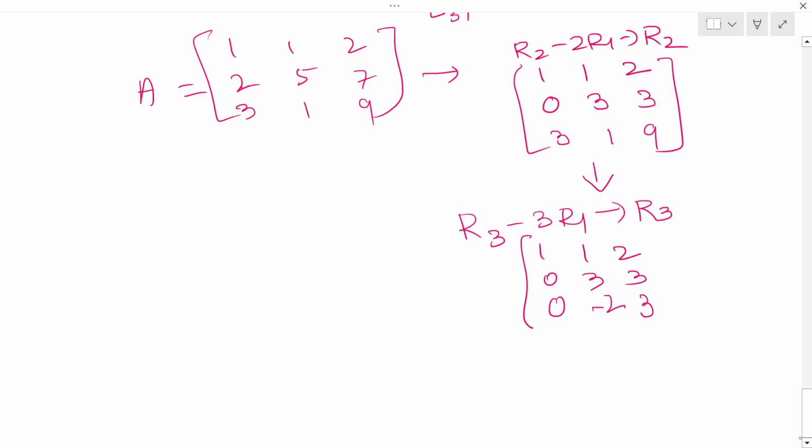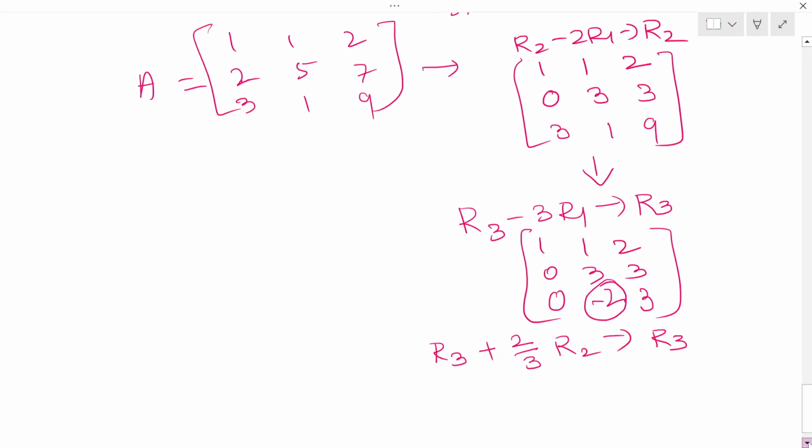Okay. Now here again I have to make this 0. So what operation should I do? R3 plus 2 by 3 R2 stored in R3.